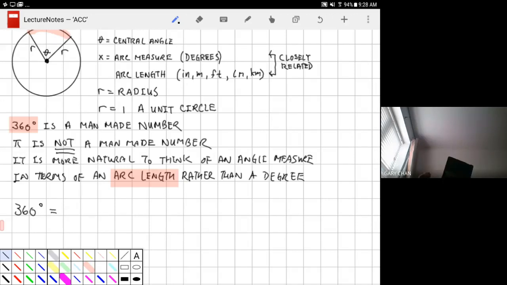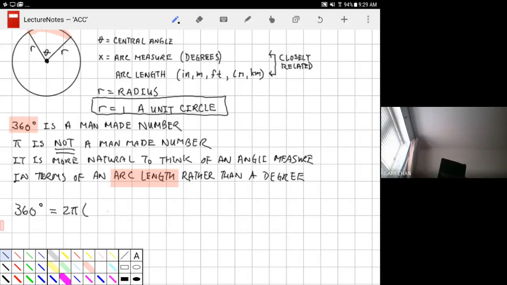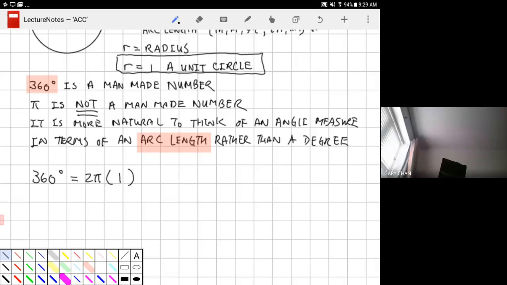How do we find one full arc length around the most unique circle of all? Well, the most unique circle of all is the unit circle. What is one full arc length going around a unit circle then? Does anyone know? Emmett? 2 pi. It's 2 pi. Well, it's actually 2 pi times 1. It seems a little redundant, but anything multiplied by 1 is itself, right?